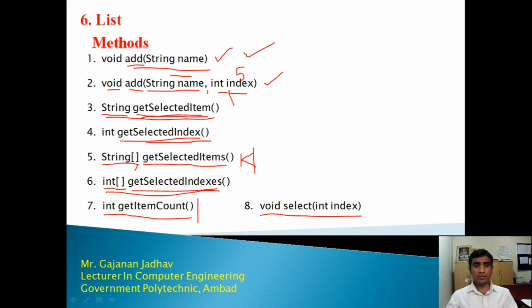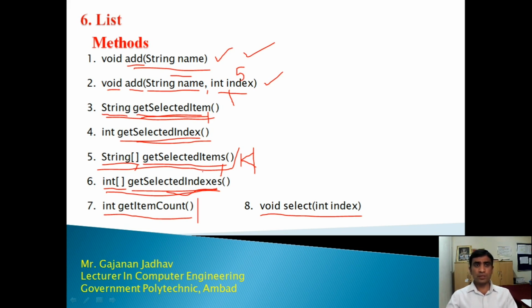You can use this method to display the index position of the selected item. Here you can retrieve multiple selected items by using this method, that is getSelectedItems. Here is items, and here is only item. So this method will return a group of items. This method will return the group of index values, the selected items' index values.